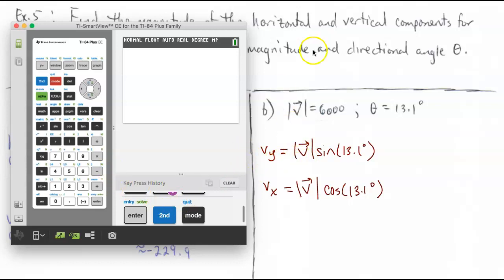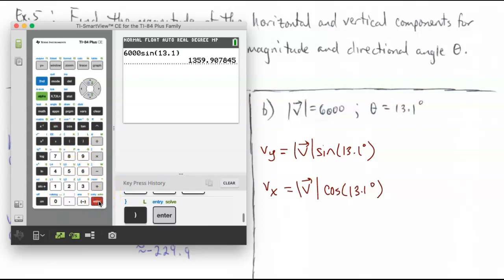So we know here that the magnitude of the vector V is 6,000. So we'll do 6,000, and then this first one will be sine of 13.1. And that will just be 1,359.9 if we round to one decimal place.